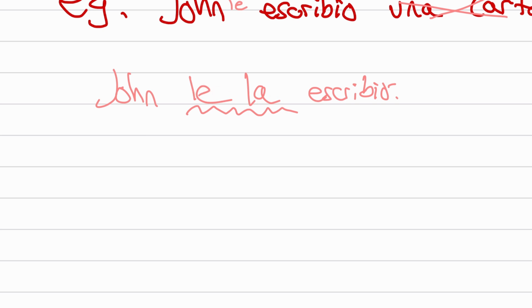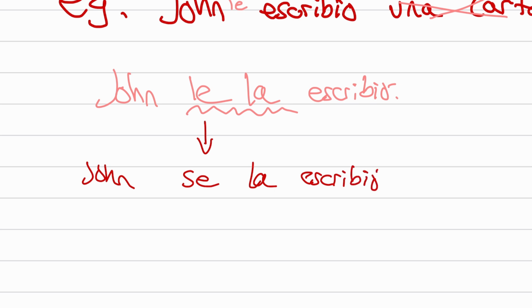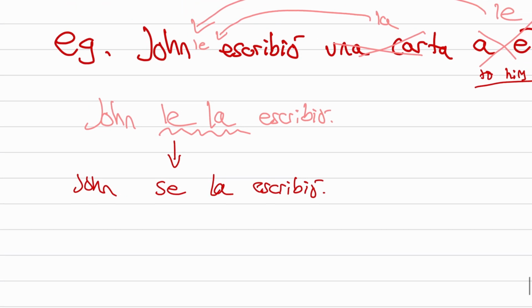We change this le slightly. So this le becomes se. If we say, John se la escribió, that sounds correct. That is how we say that. Yeah, we just change this le into a se. So John se la escribió is technically saying John wrote it, so it's some feminine it, to them.